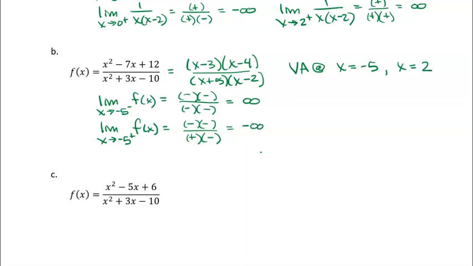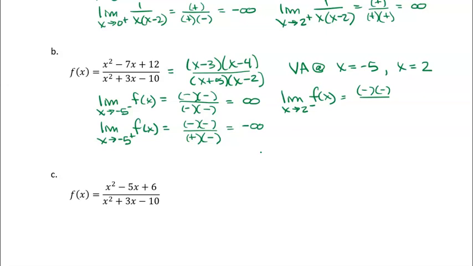All right, let's keep going here. Let's look at the limit as x approaches 2 from the left. And I'm just going to write f of x, and then I'm going to look at the factors. So now it's 2. 2 minus 3, that's negative. 2 minus 4, that's negative. So the numerator is still negative times negative, which is positive.